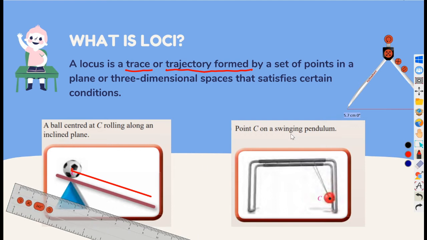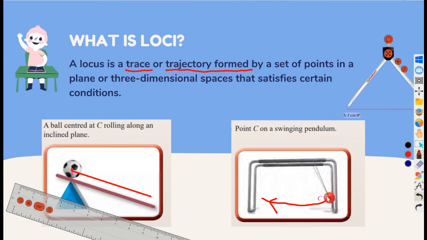How about the second one here? Point C on a swinging pendulum. So how will it go? This one we just sketch only. This is the point C here, so the pendulum will go like this, as what we call a curve.